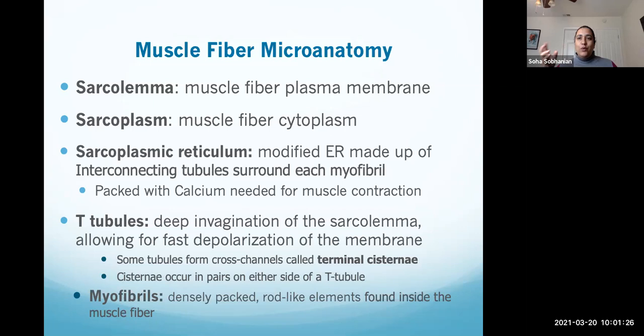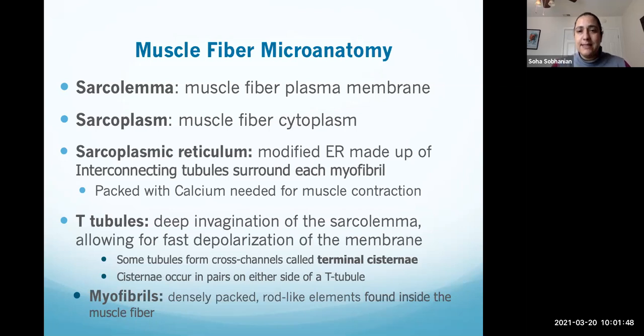For muscle, we have its own vocabulary. Instead of saying cyto, which basically means cell, we're going to replace that with the word sarco, which means muscle. Muscle is very unique because it has additional structures with different functions from the typical cell.